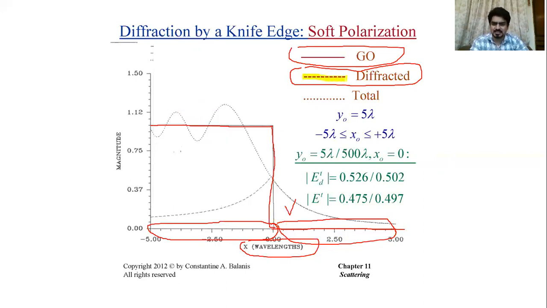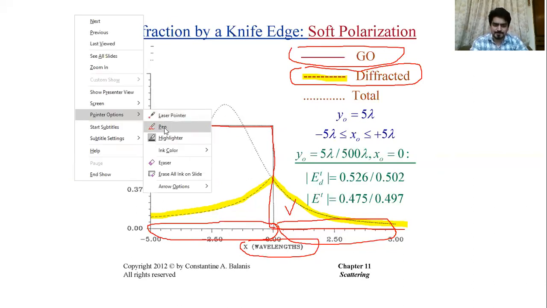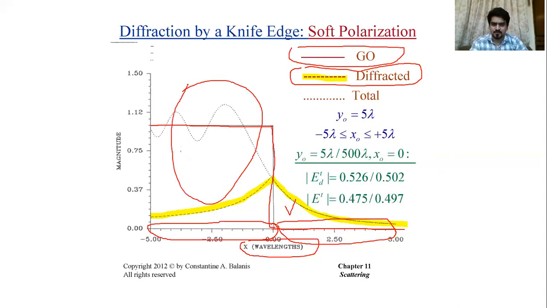This dash line is here, and this is just the amplitude of those diffraction coefficients. Now, as you can see, in region 1, for the negative values of x, you have diffracted fields as well as direct, incident fields. So there will be some constructive and destructive interference pattern in that region.